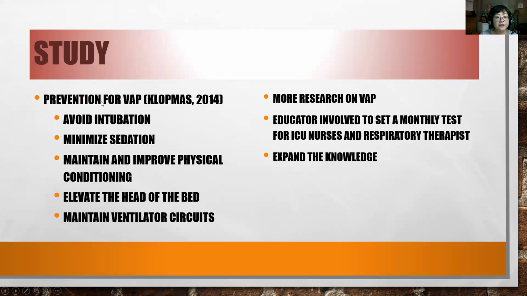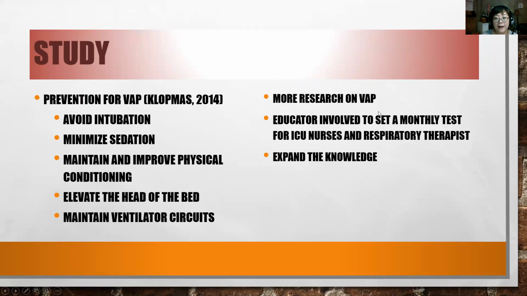Study. Prevention for VAP, according to Klompas research in 2014, the best prevention was to avoid intubation, which is true, minimize sedation, maintain and improve physical conditioning, elevate the head of bed, and maintain ventilator circuits.